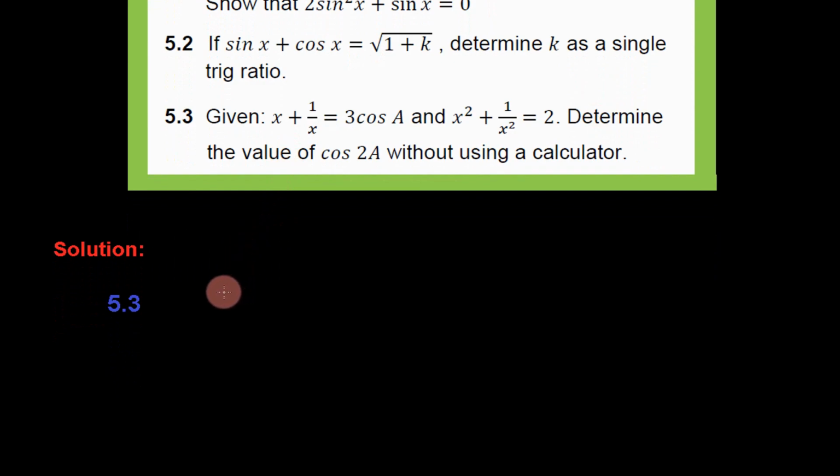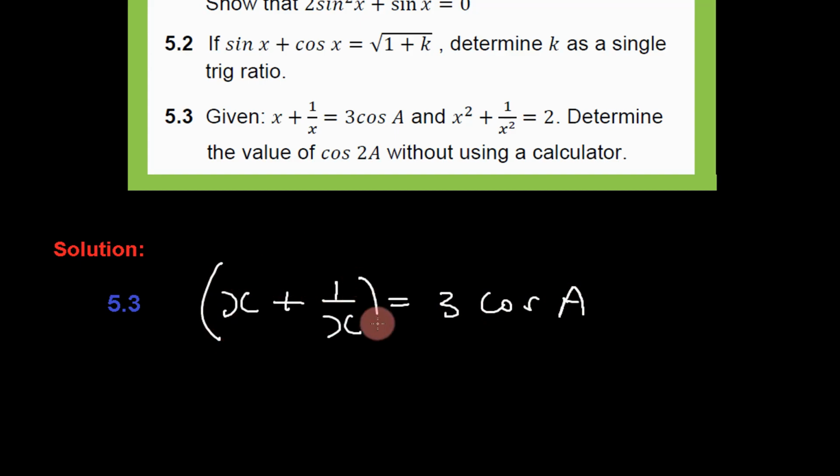So we're given that x plus 1 over x equals 3 cos a. Here we can square both sides. The reason why we're squaring both sides is that we see that we have x squared plus 1 over x squared in the second equation here.